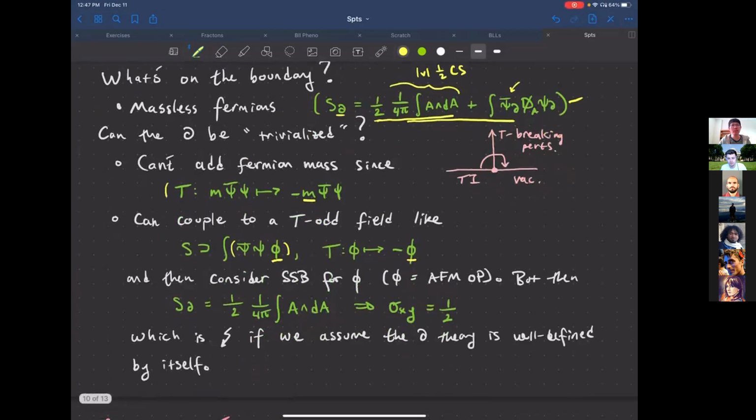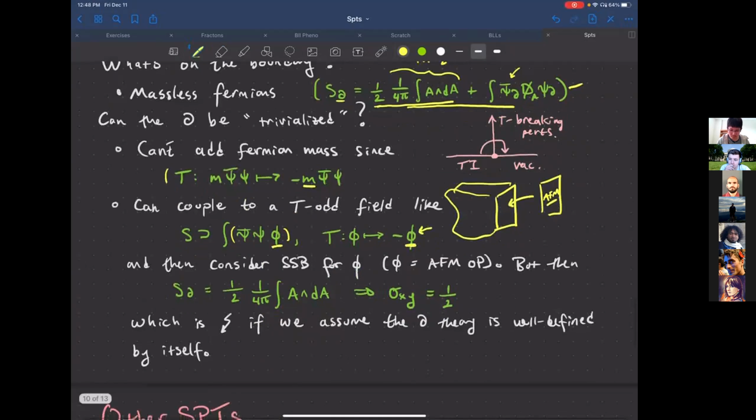And in particular, I can consider a scenario in which I have spontaneous symmetry breaking for this field, phi. This might happen, for example, if I take my boundary and do some local perturbation to it by adding an antiferromagnet or something. So I'm not touching the bulk. I'm just adding some degrees of freedom on the boundary that come in the form of an antiferromagnet, where this phi is some kind of coarse-grained field for the antiferromagnet.